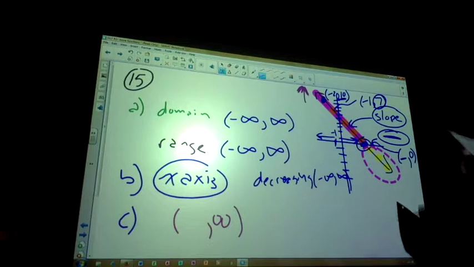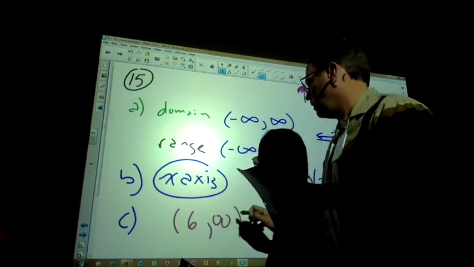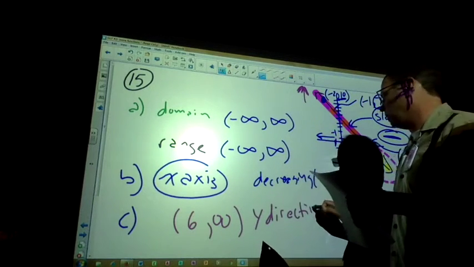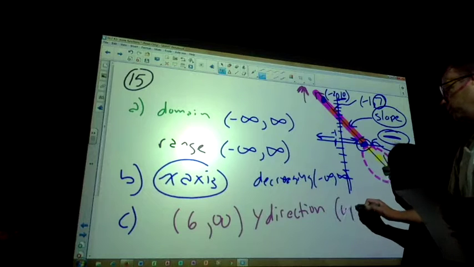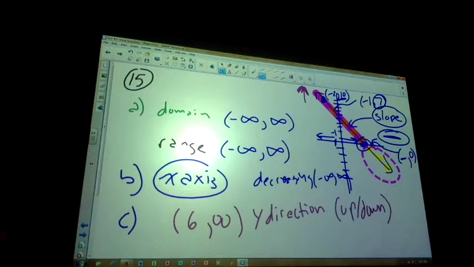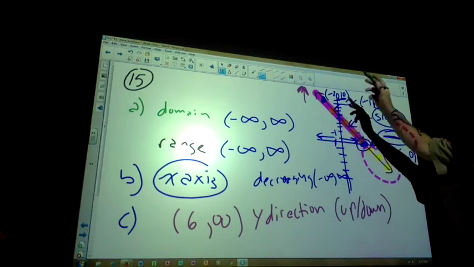Then we have to look at our graph. In the y direction, which is up and down, give the intervals on the y-axis where the function is positive. It's all positive here. It's positive numbers here as we go up.